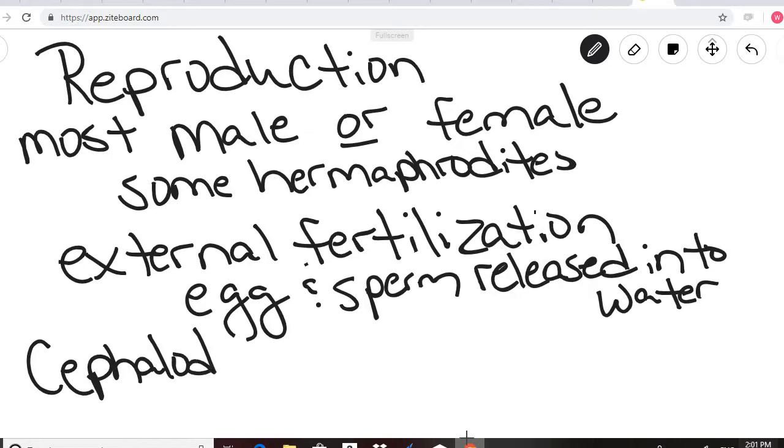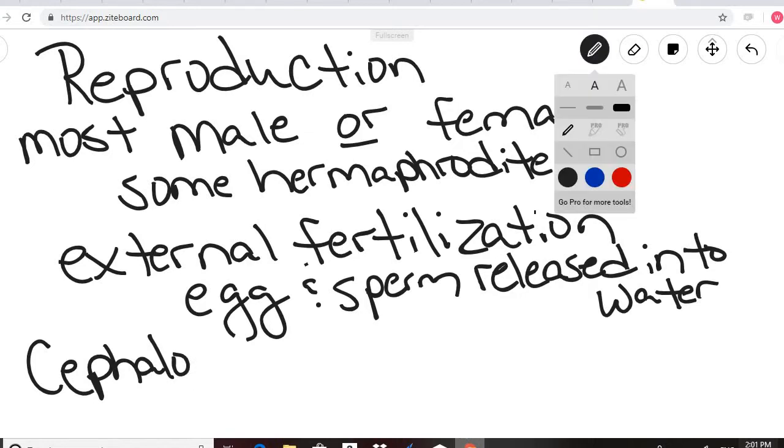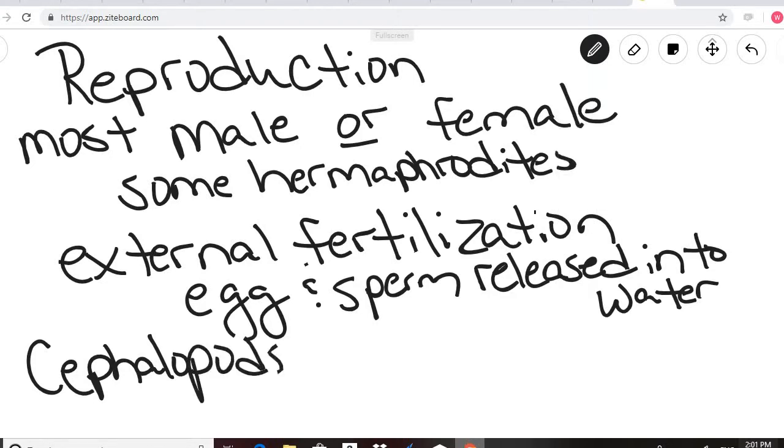They reproduce by internal fertilization.